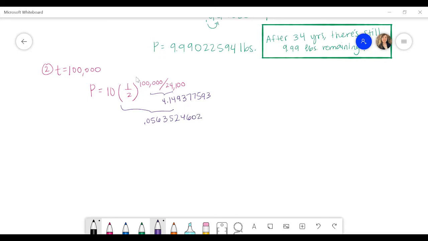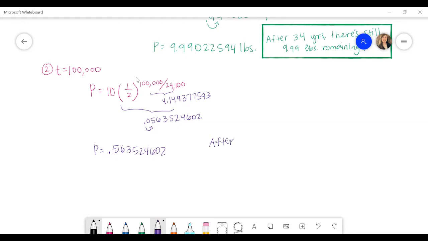And again, anything times 10, all that does is move the decimal over one spot. So the amount of plutonium left after 100,000 years is still 0.563524602, which is still kind of mind-blowing, right?